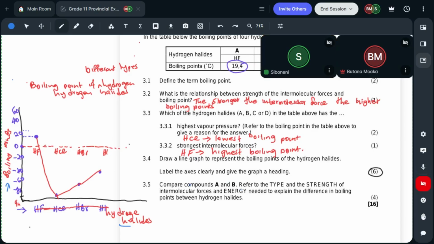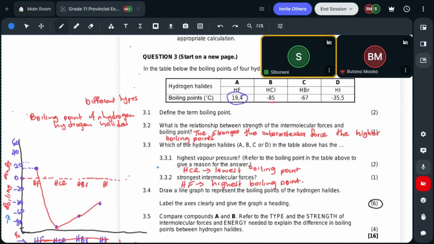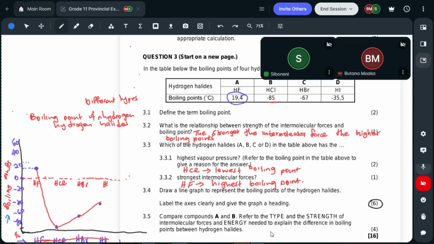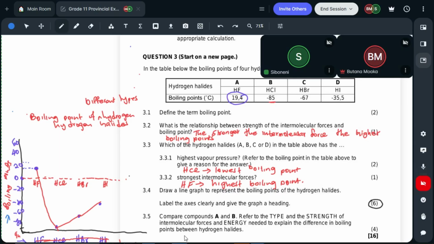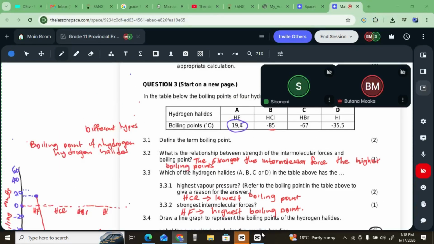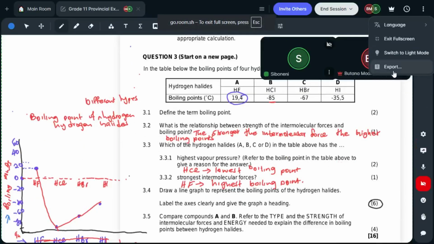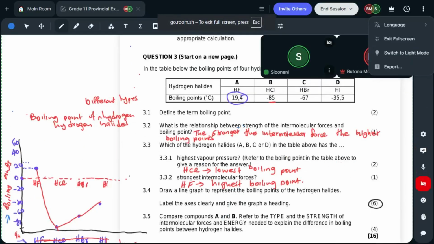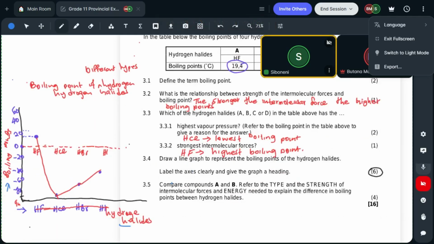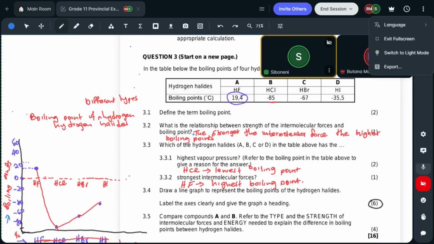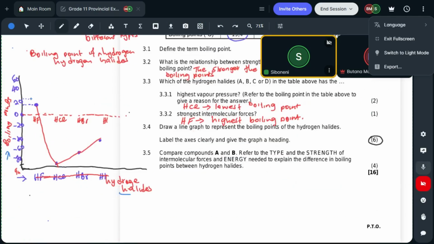You understand? Yes. Okay. So I'll definitely show you the correct graph. I'll show you the graph, don't worry. I'll find the memo for this. Let's look at how the graph will look.